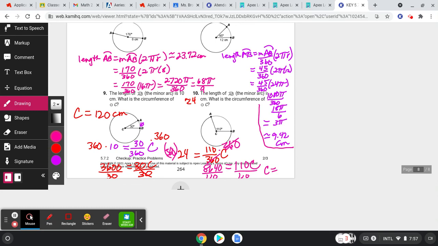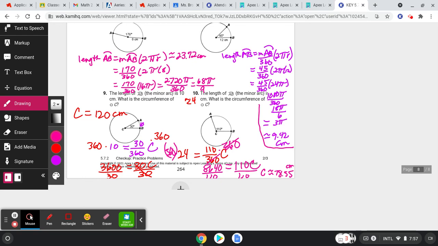I'm getting 78.55 as the approximate circumference. And that is again centimeters. Man, they really like centimeters on this one.